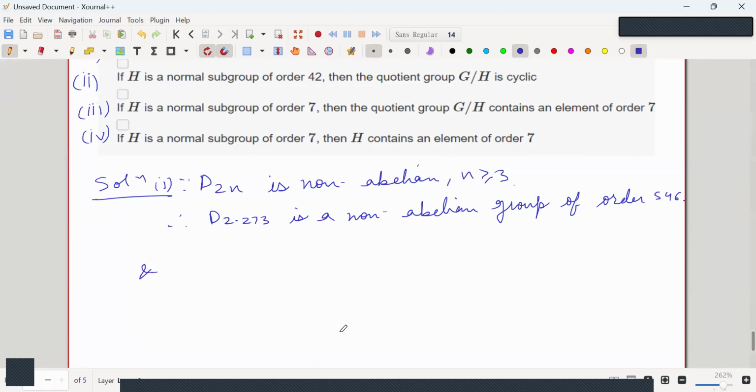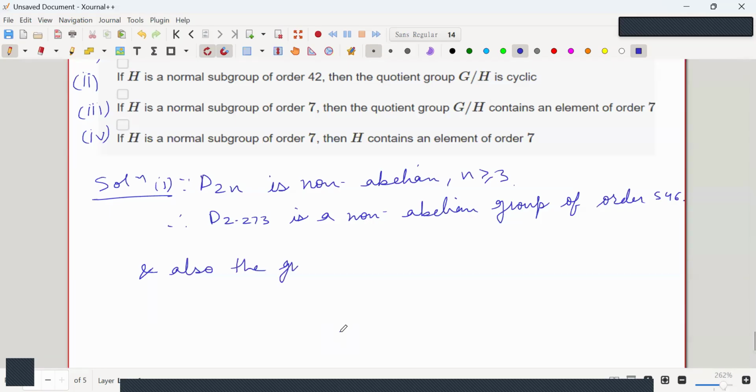Can you produce one more example? You know that the smallest non-abelian group is of order 6, right? That is S3. So this 546 is also divisible by 6, right? Yes.